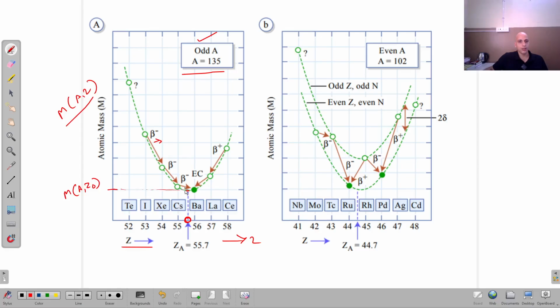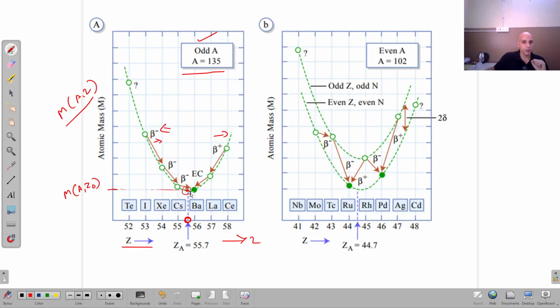So all other nuclei which are toward this side or toward this side will try to come to the bottom of this curve. The nuclei on this side will undergo beta negative decay, because beta negative decay will increase their atomic number Z, and toward this side they will undergo beta positive decay because it will decrease the Z. So this is how different isobars try to come to the most stable isobar, which is located at this bottom.